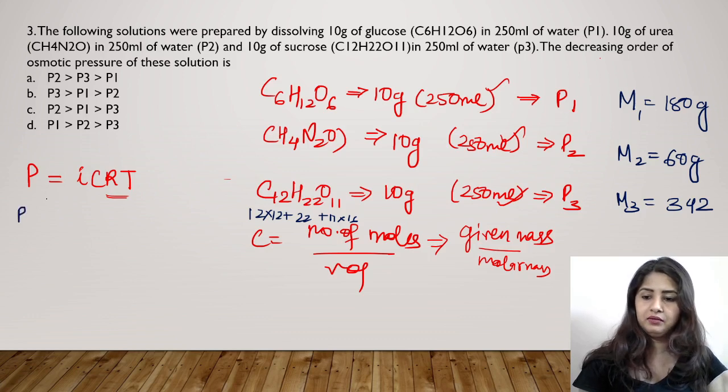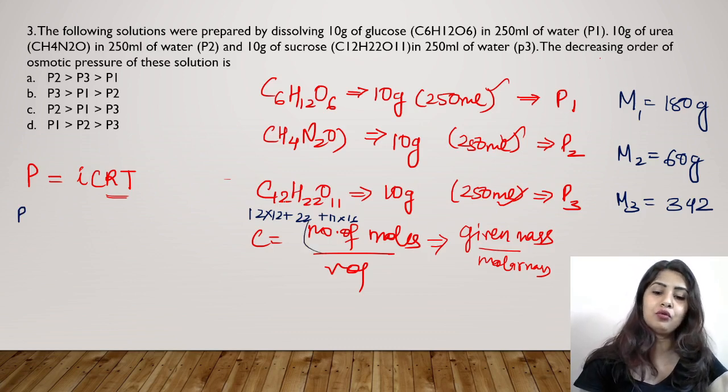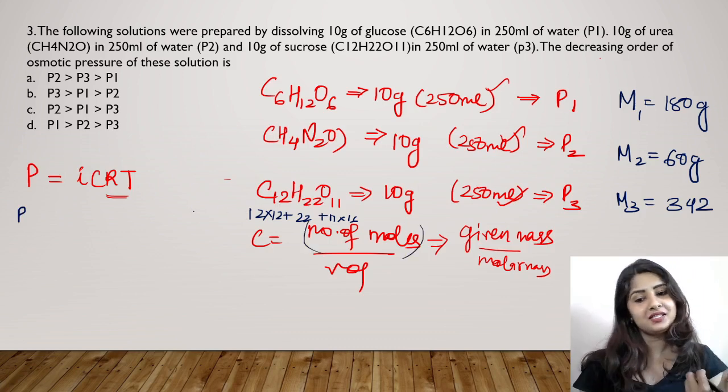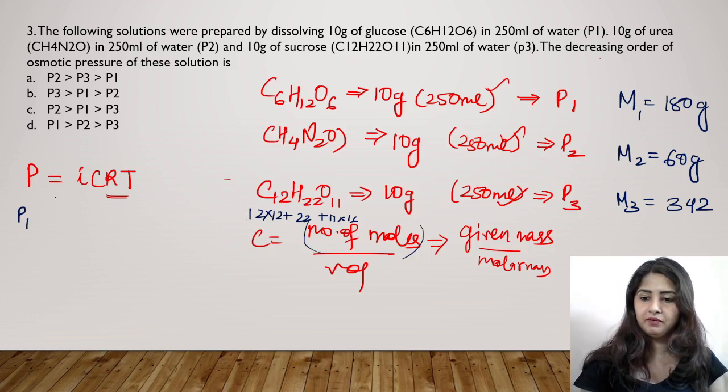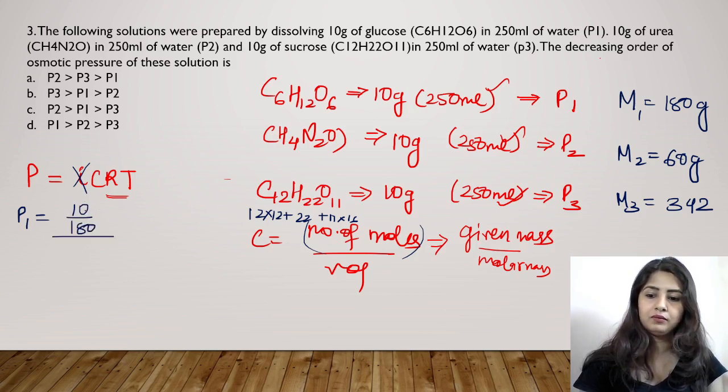So whichever has the highest number of moles has the highest pressure, right? So for P1, which is for glucose, I'll just ignore i, since i is 1 for all of them. So the concentration is 10 upon 180, whole upon 250, RT, right?